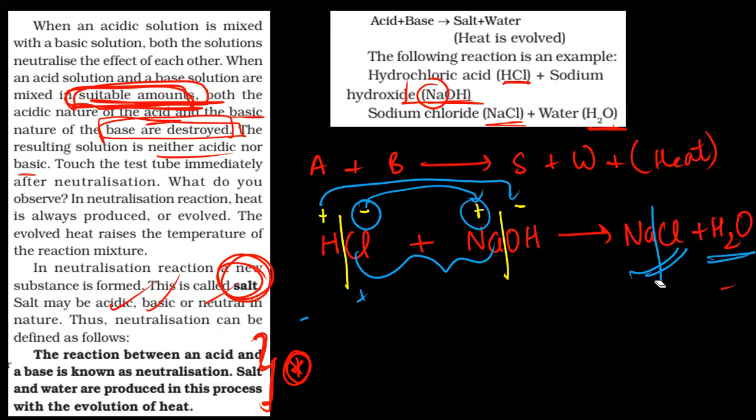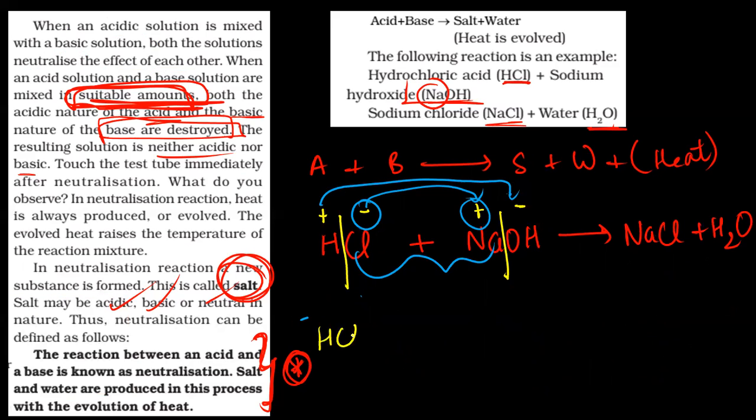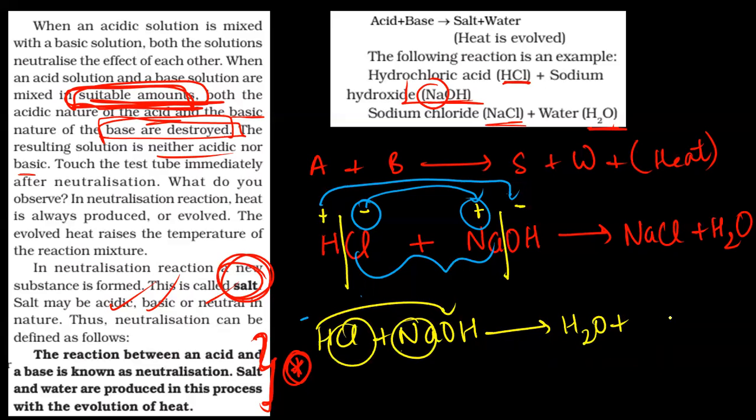So now write this reaction along with me now that you know the concept. HCl plus NaOH gives H and OH reacting to form H2O, plus Na and Cl, NaCl, plus heat.